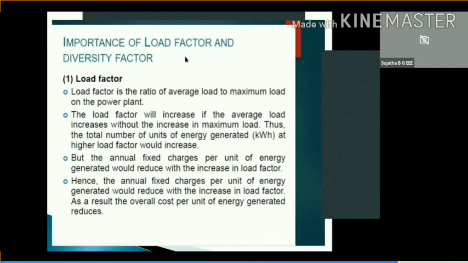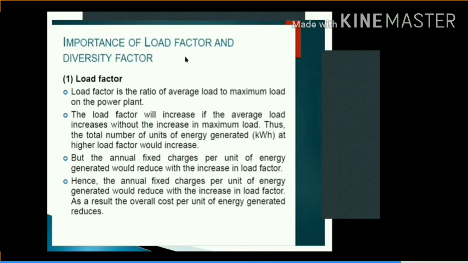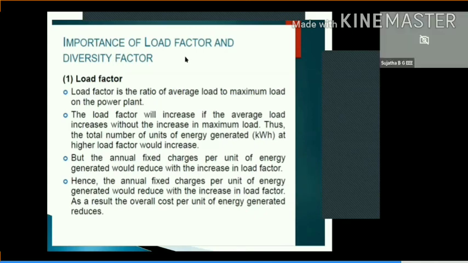Here there will be fixed charges. Whether you use some units or not, some fixed charges will be applied. That will reduce if you increase the value of load factor. You have seen that load factor is the ratio of average load to maximum load. The system is generating so much energy, but if you are not switching on loads, your average load will decrease. Then the annual fixed charge will always be penalized for you, whether you use it or not.